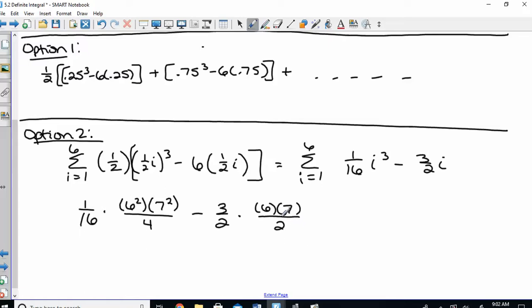So out of these two options, guys, I don't care which one you use. Whether you want to write out all 6 things and plug them in, or if you want to use our formulas. Okay, what'd you guys get?